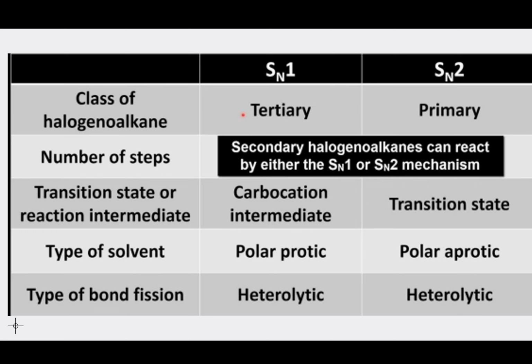A carbocation intermediate is created in SN1 reactions, while a transition state is realized within SN2 reactions. The type of solvent for SN1 reactions is polar protic. The type of solvent for SN2 is polar aprotic. And then we see the type of bond fission. Both of them are heterolytic because we have a more electronegative species. We're going to look at that. So this is just a summary of both of them.